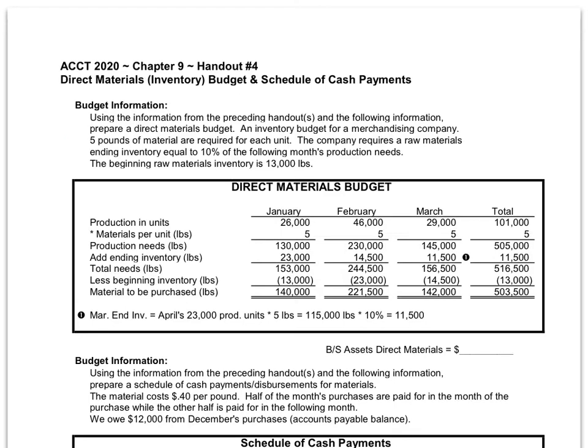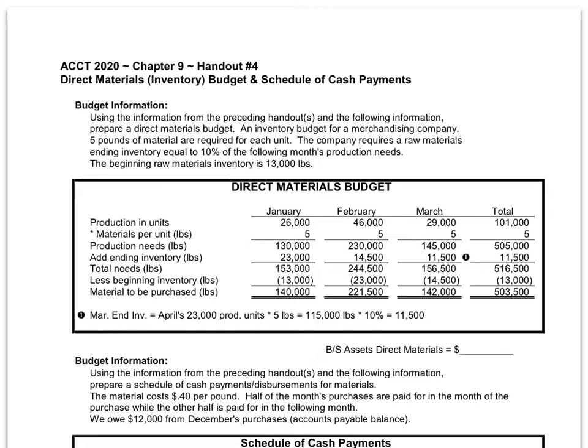The company requires a raw materials ending inventory equal to 10% of the following month's production needs, and the beginning raw materials inventory is 13,000 pounds. So every unit requires 5 pounds, so we're just going to times that by 5. So our production needs are 130,000, 230,000, 145,000, and 505,000.